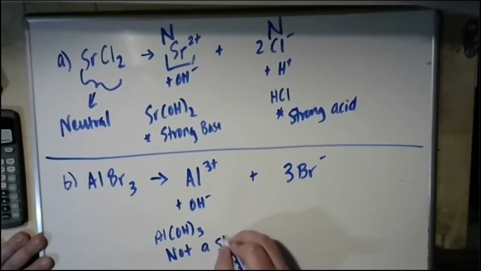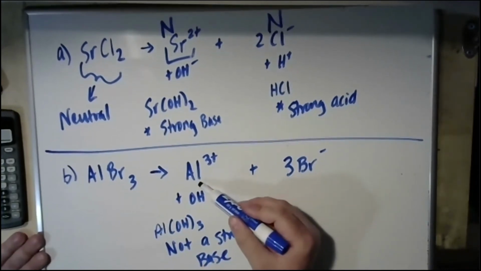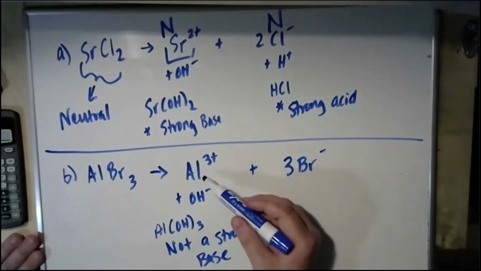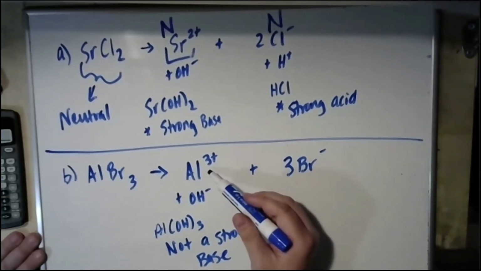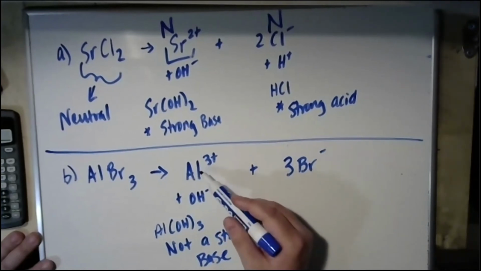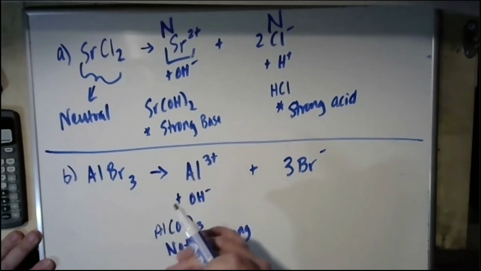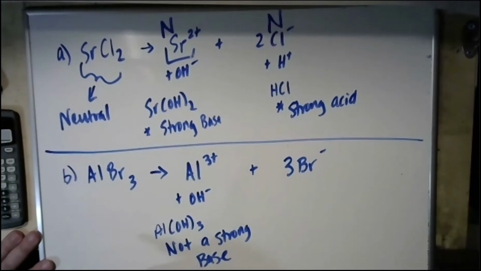That is not a strong base. You can also see that, again, we have a small, highly charged metal cation. And that is one of the examples of cations that behave as acids in solution.